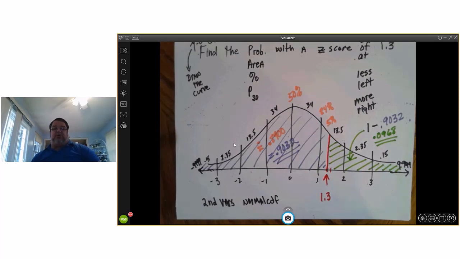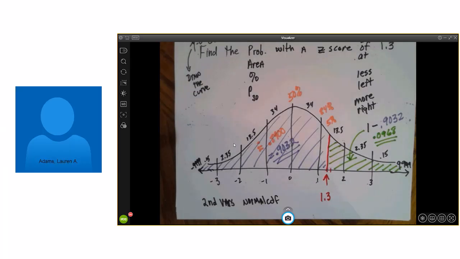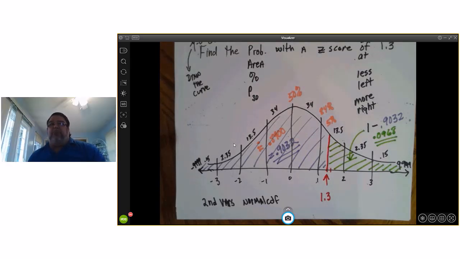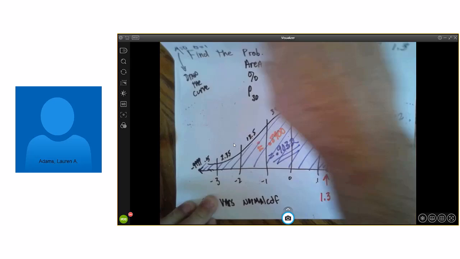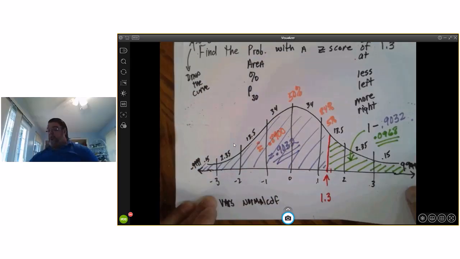And tell me what you get. Okay, I got it. Now, when we do the next problem, you're going to have to change your scores to z-scores to put it in your calculator. So, everybody got that one? That's your first type of question.